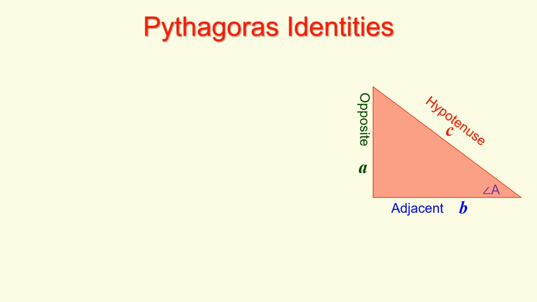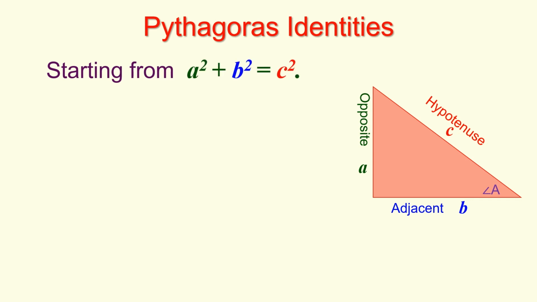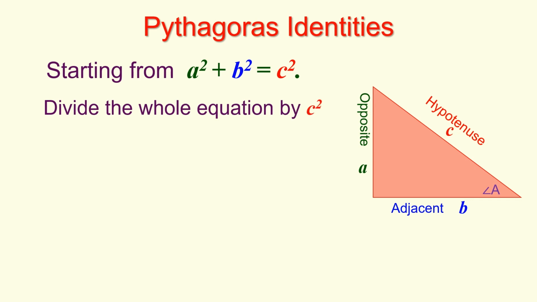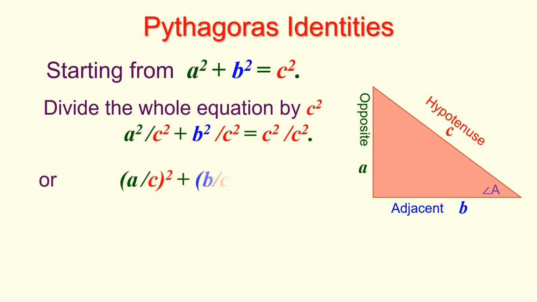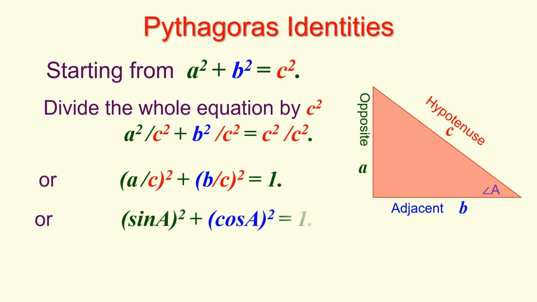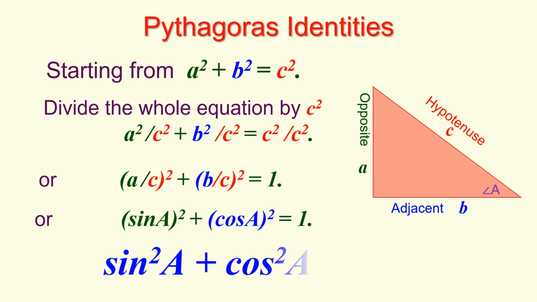Starting from A square plus B square equals C square, divide the whole equation by C square. So it is A square by C square plus B square by C square equals C square by C square. Or A by C whole square plus B by C whole square equals 1. As A by C is sine A and B by C is cos A, so sine square A plus cos square A equals 1.